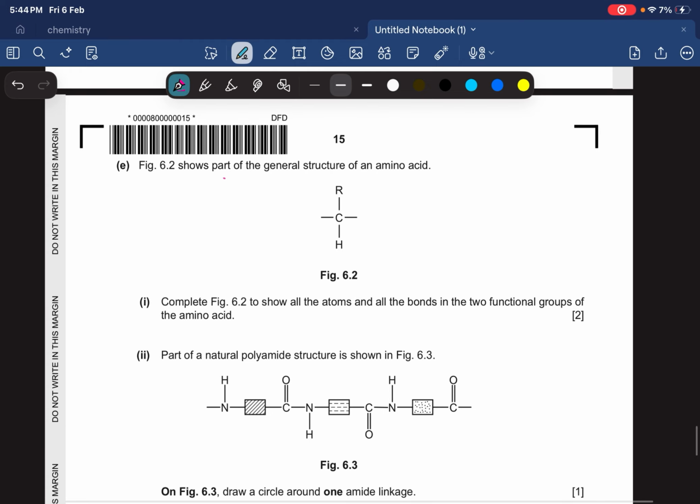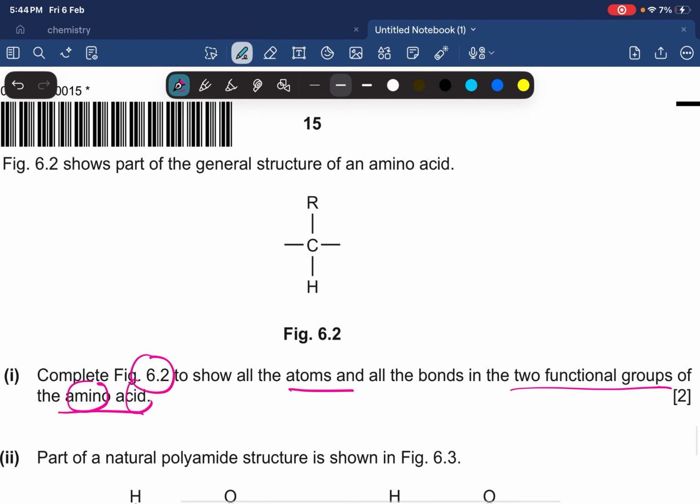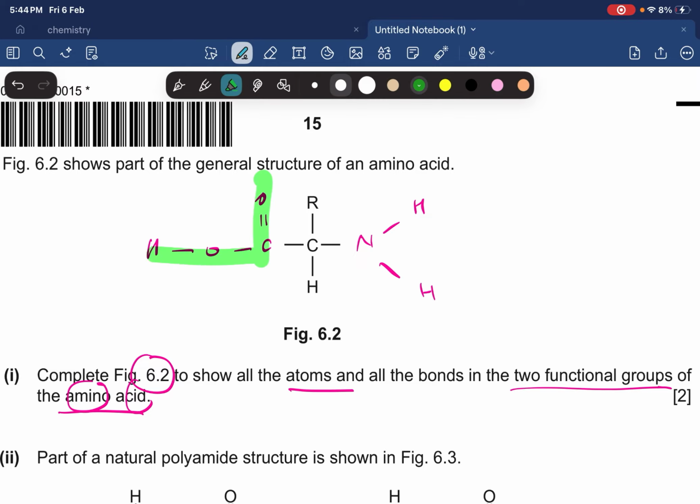Figure 6.2 shows part of the general structure of an amino acid. We know it. Complete figure 6.2 to show all the atoms and all the bonds of the two functional groups of the amino acid. One amine group, nitrogen, hydrogen, hydrogen. One carboxylic group. Carboxylic group, amine group.